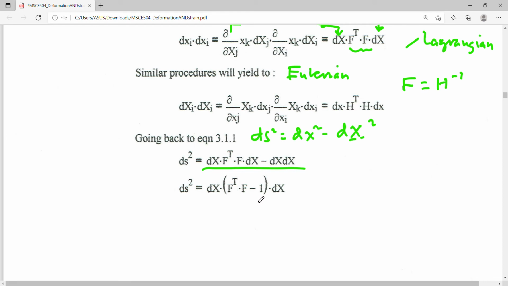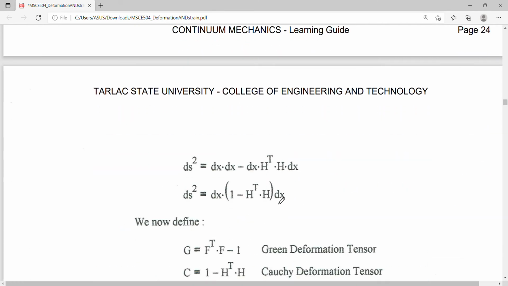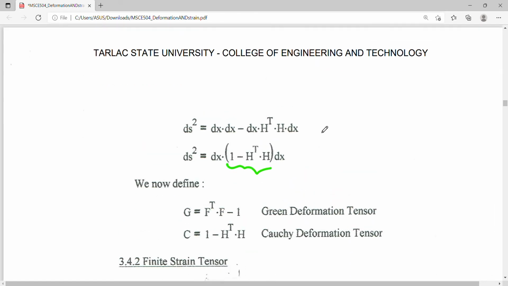Taking note that what we are interested in is this factor F transpose F minus 1 and this factor 1 minus H transpose H, which are defined to be the Green deformation tensor and the Cauchy deformation tensor in terms of, again, the Lagrangian and the Eulerian.